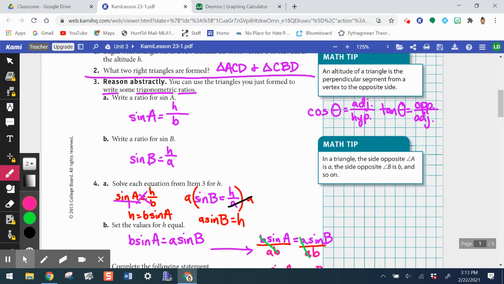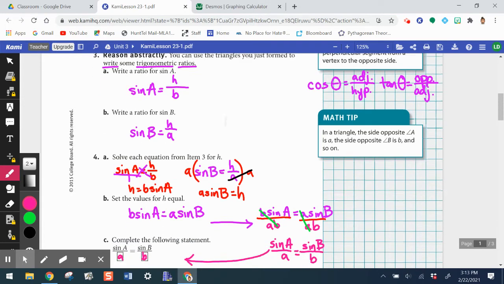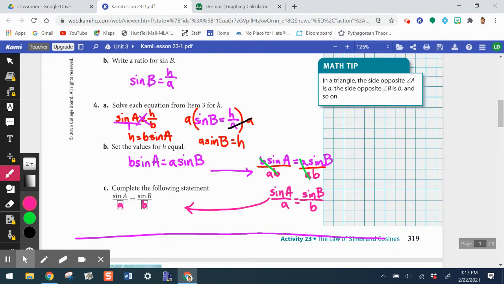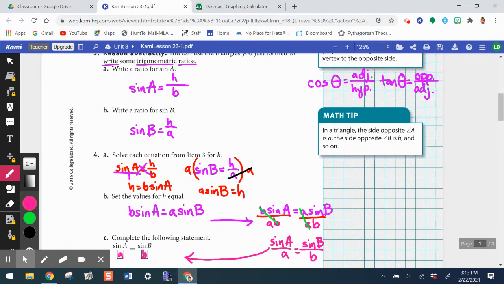I went ahead and added the definitions of cosine and tangent as well, just to recall those to mind. It says, now solve each equation from item 3 for h. If you notice, these two equations, that's what they are because there's an equal sign between them, both contain that same segment h.